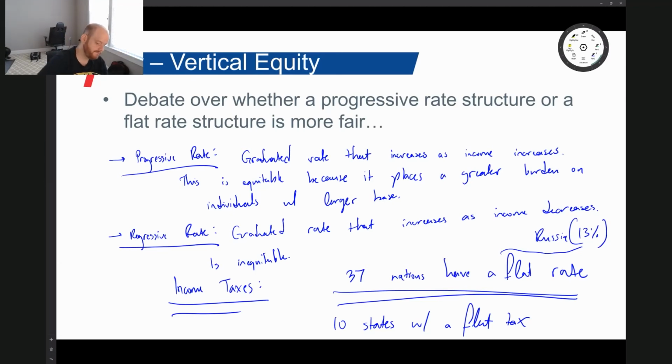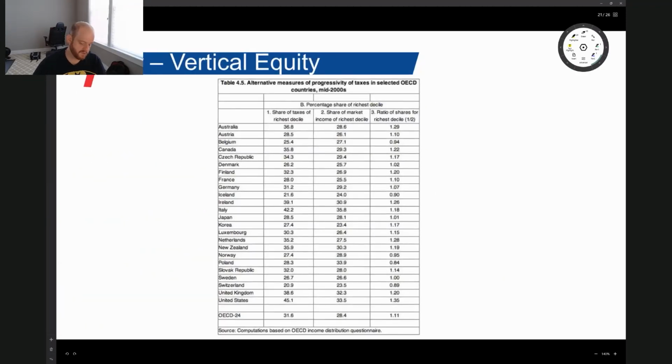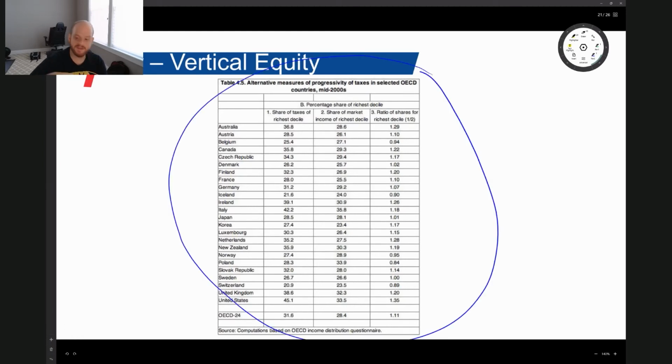So this is kind of a table that shows us this concept of vertical equity, right? Because it's showing you how much of the taxes come from the richest earners and how much of the income is earned by the richest earners, right?